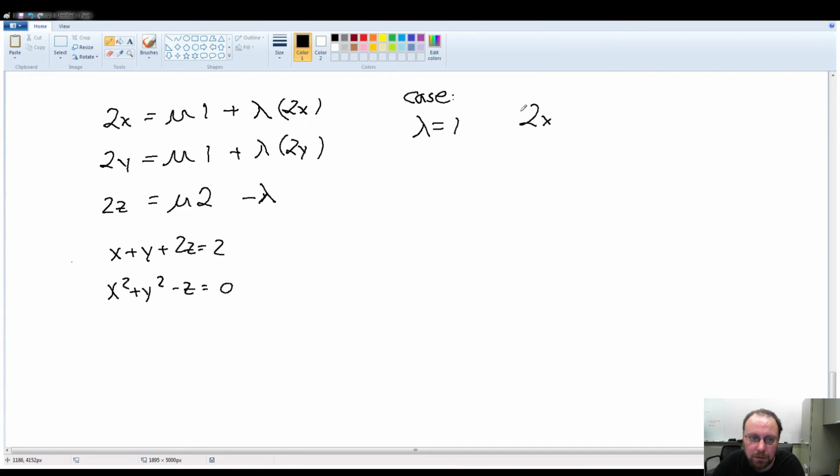I'm looking at the very first equation over here, and I'm just going to simply replace lambda with 1 and see what happens. Well, 2x can be subtracted from both sides, which would give me that mu is 0. And you would get the same information from the second equation.